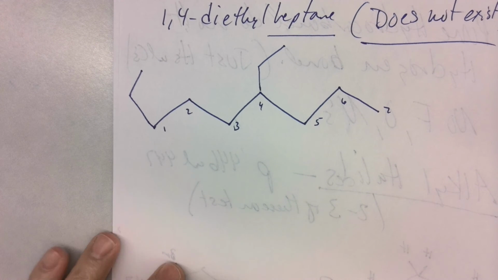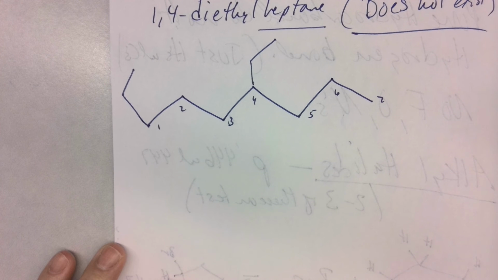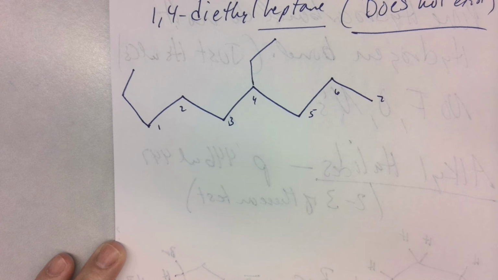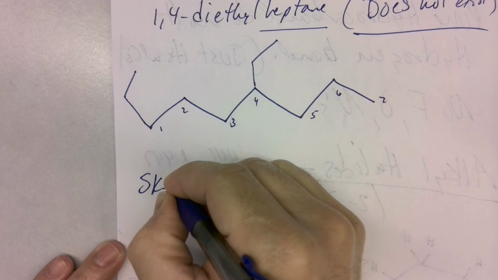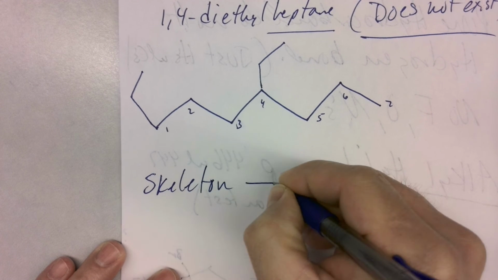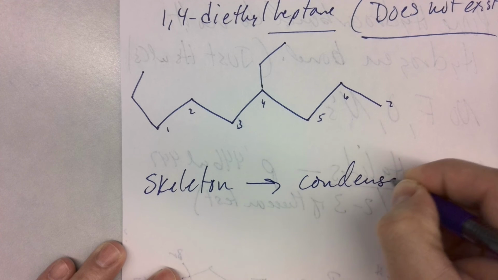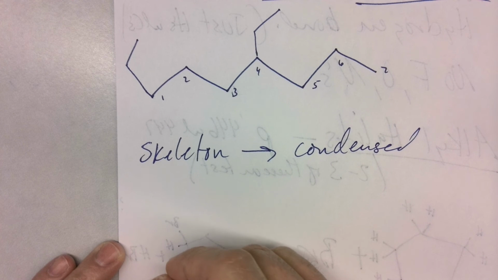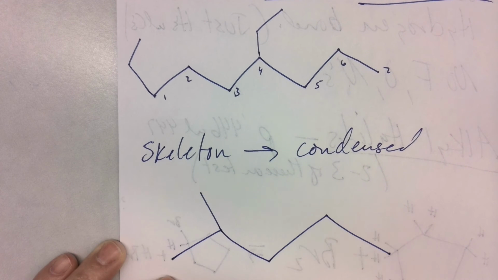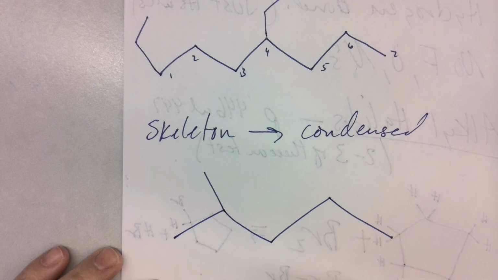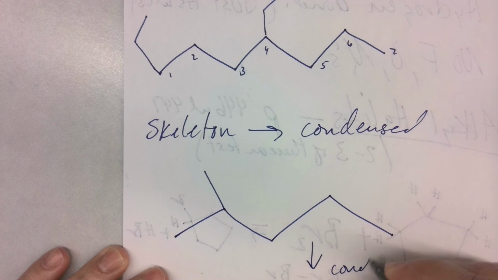This is what I have written down next. Now, I want you to draw, okay, this is what I want to go from skeleton to condensed. So if I drew this, if I gave you that, this is skeleton, can you condense that for me?